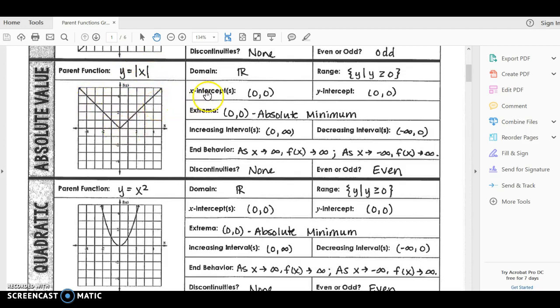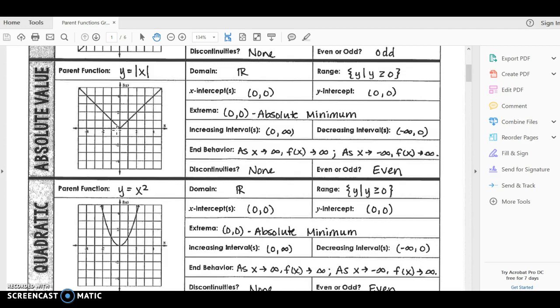Okay? Again, the domain goes left and right forever, so it's all real numbers. The range is everything above the origin, so it's y's greater than or equal to 0. Okay? X and y intercepts are the same. Okay? It has an absolute minimum, so it has a minimum value at 0, 0.